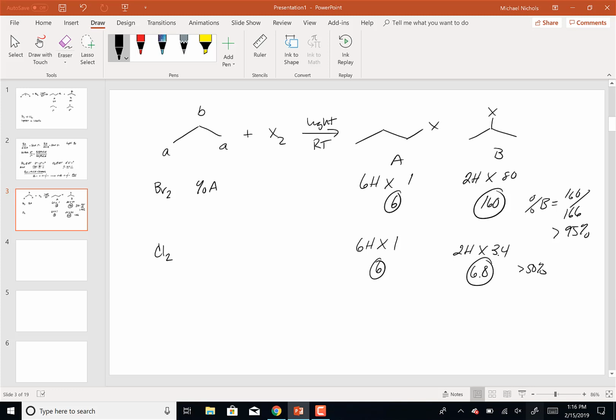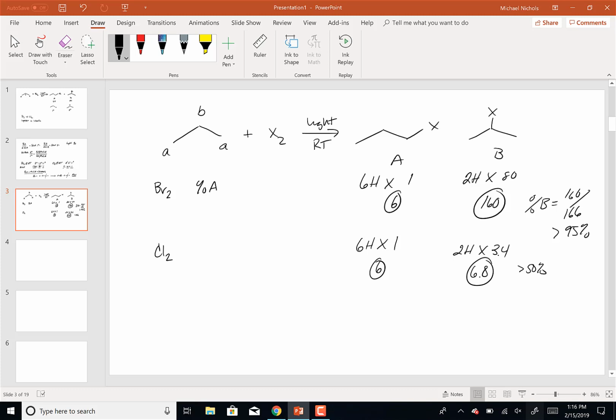When you do bromination at 1700 to 80 to 1, if you have a tertiary hydrogen, that's where the bromine's going. Because to break even, you would need 80 secondary hydrogens, is the way you can think about it.